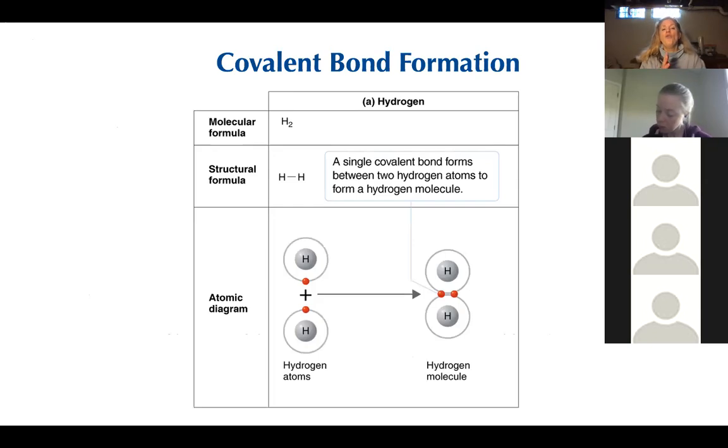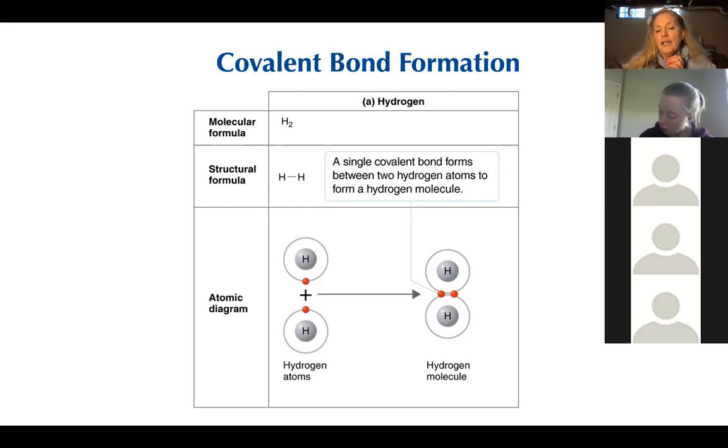All right, so now covalent bond formation. Hydrogen, as we know, has one electron hanging around in that S valence, okay? So hydrogen can act like lithium when it gets around a fluorine or a chlorine.